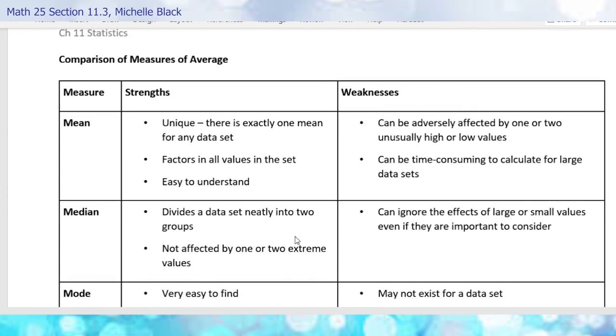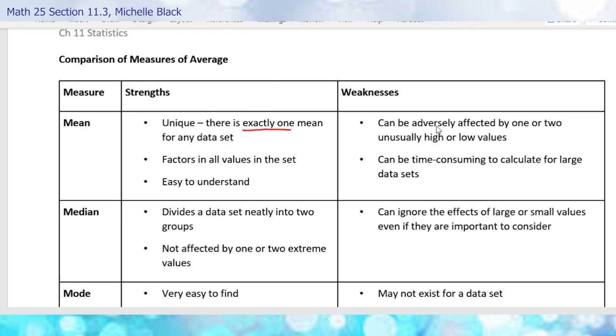All right, and we have a chart in our packet comparing the measures of average, so some strengths and weaknesses of each of them. For the mean, some strengths are that it's unique and there is exactly one mean for your data set. It considers all of the values in your set, and it's pretty easy to understand that it's a measure of the average number of all the numbers you were given.